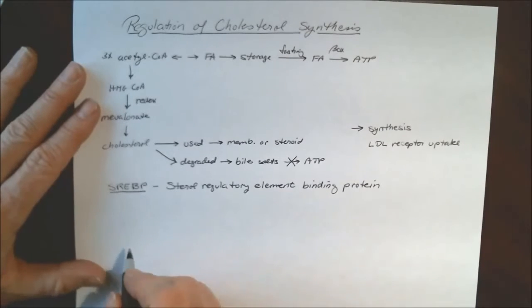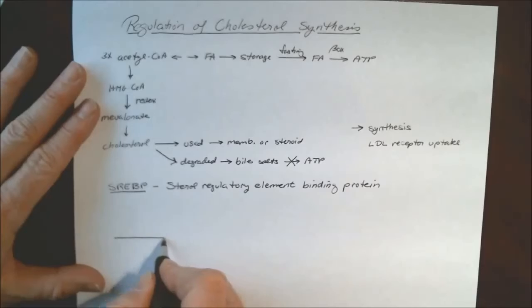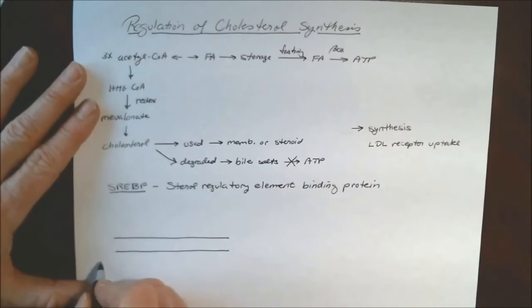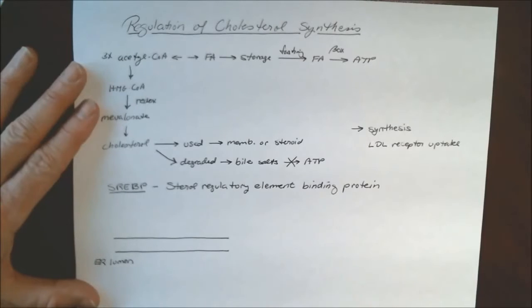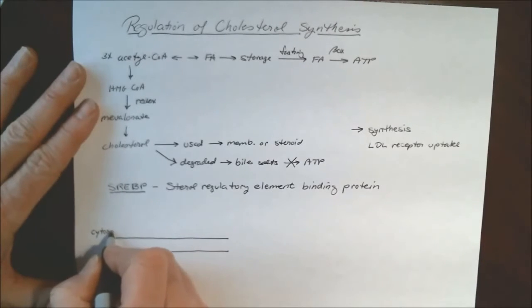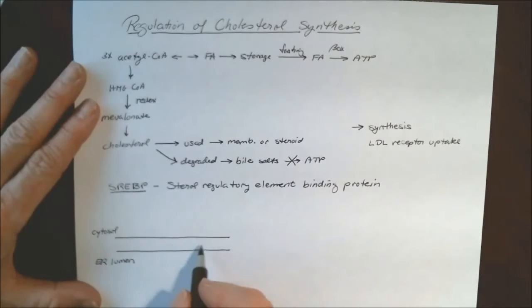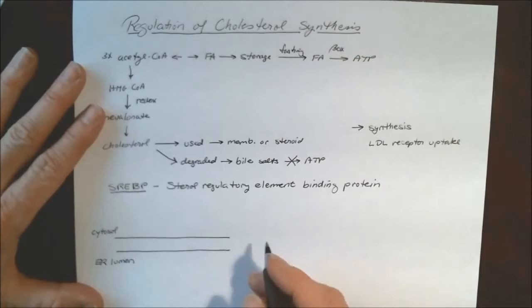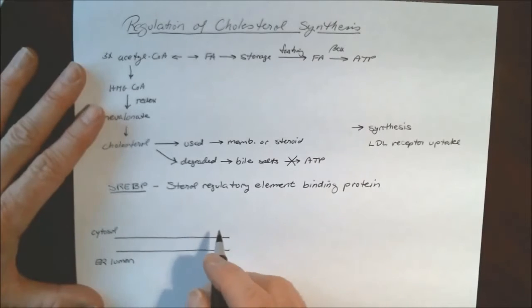So what we have to start with here initially is we have to look at the endoplasmic reticulum membrane. So if this is the lumen of the endoplasmic reticulum, this is the cytosol face of the bilipid membrane for the endoplasmic reticulum, we are going to look at a protein that is embedded in this membrane that is called the SREBP.